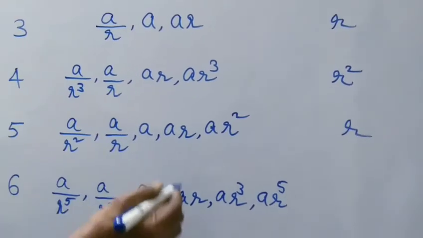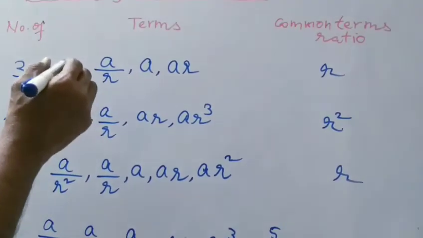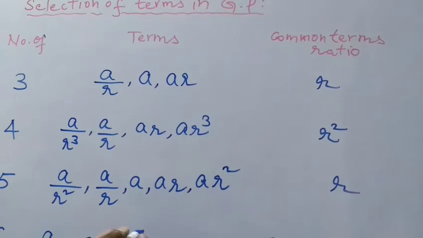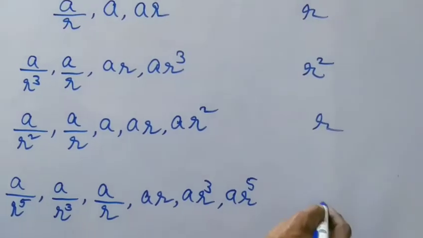These are the 6 terms of selection of terms in geometric progression. The common ratio of these terms is r square.